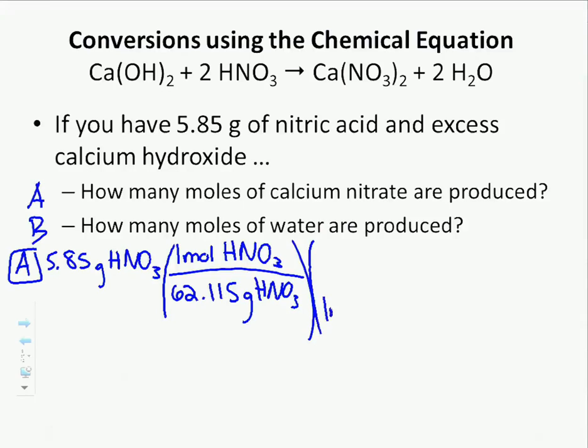For every 2 moles of HNO3, you have 1 mole of calcium nitrate.